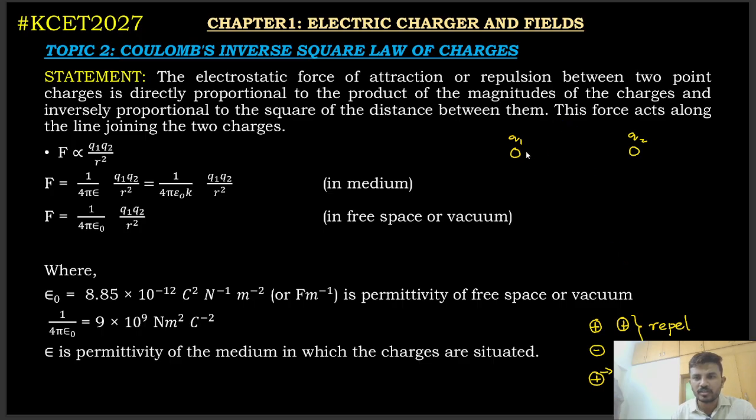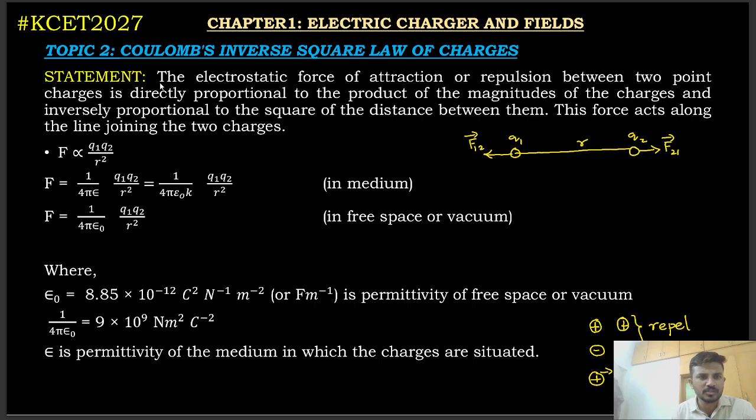So here if I consider these two charges are separated by some distance, then the force between these two, that is the force acting on the first charge due to the second charge, or the force acting on the second charge due to the first charge, its magnitude is given by Coulomb's law.